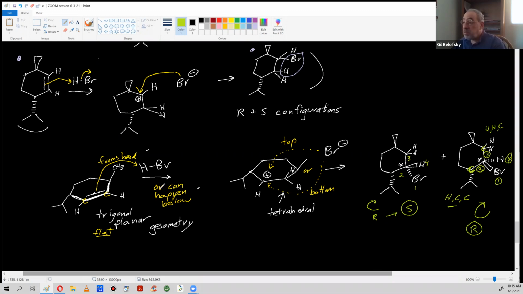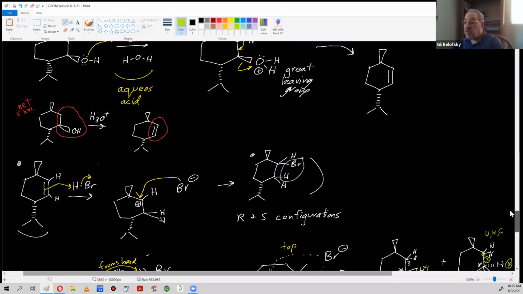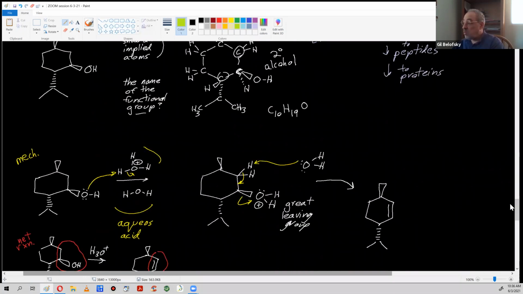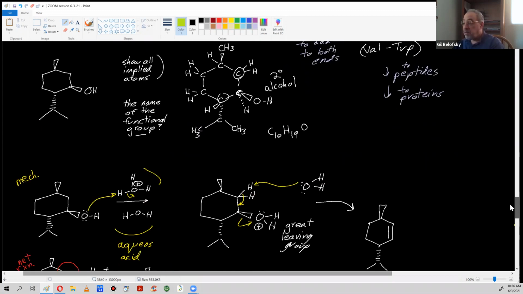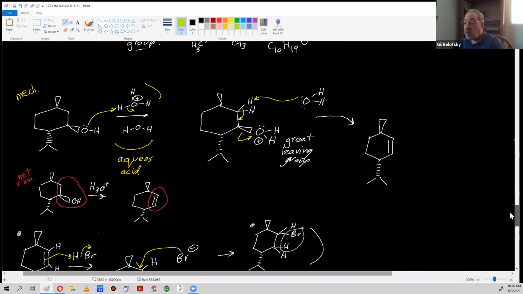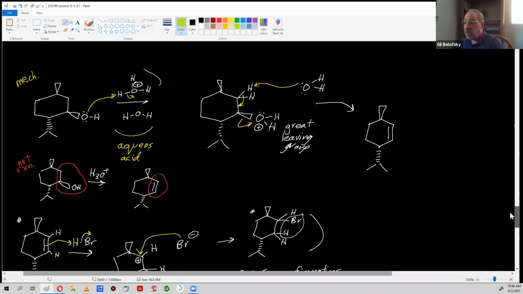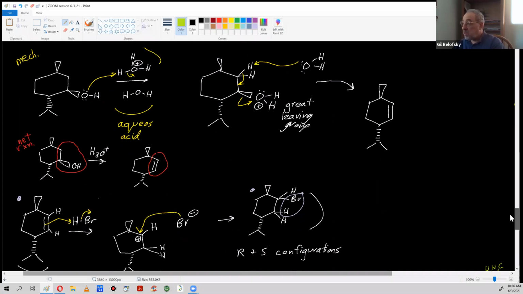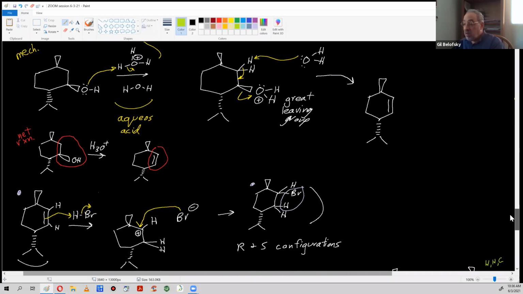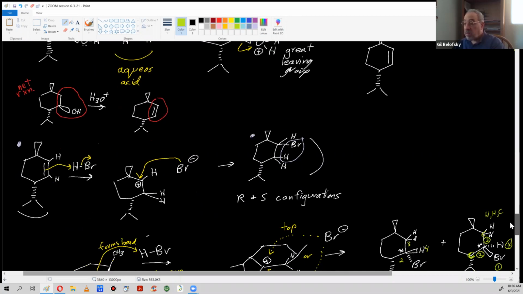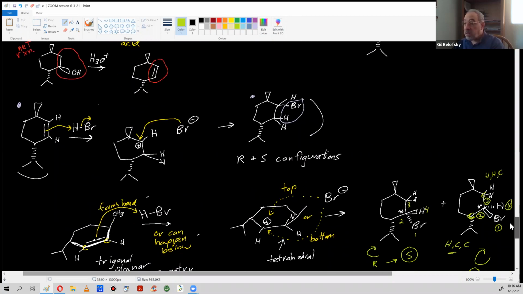So even just this one molecule, asking a few simple questions about it: show all the implied atoms so we know what we're dealing with. Identify the functional group. Know how that functional group reacts in acid, resulting in an alkene. Knowing that alkenes can be hydrobrominated, H and Br added to it.